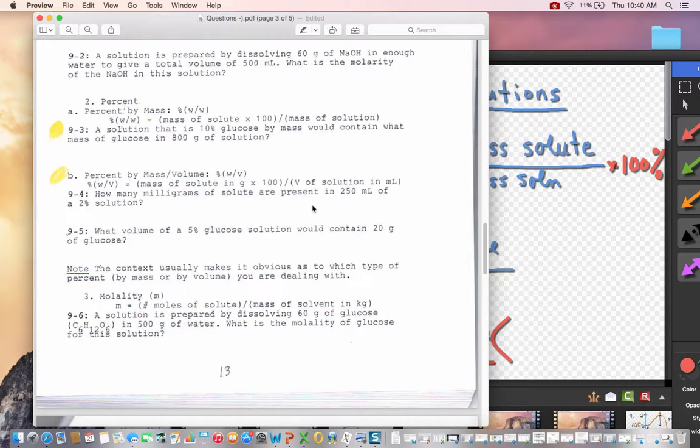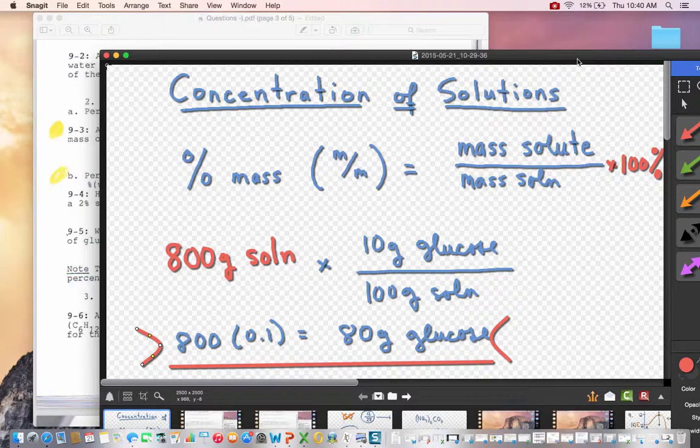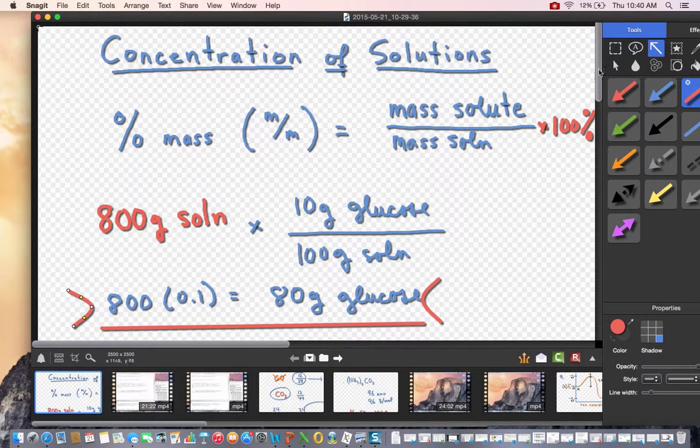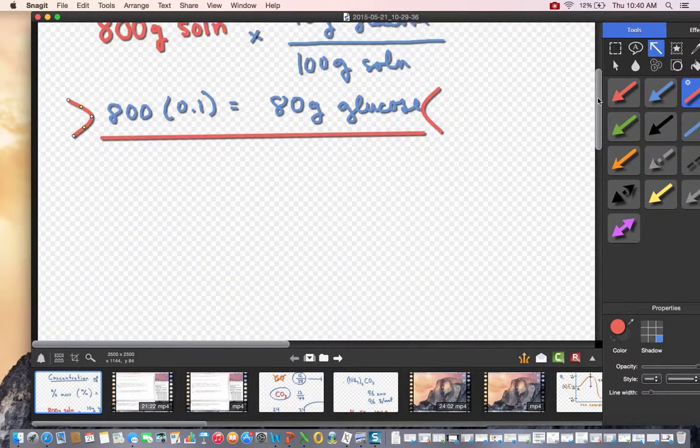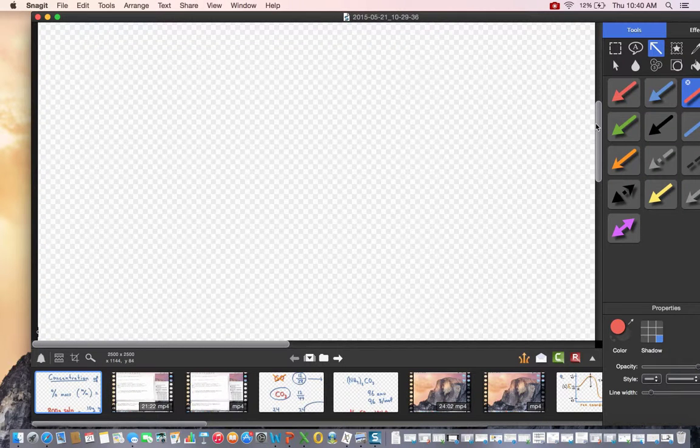Of course, it won't be 1 gram per milliliter, but it'll be very close to that because it's a very dilute solution. It's only a 5% glucose solution. These types of questions are much more common on the PCAT because as a pharmacist, you're going to have to deal with concentration of solutions much more often than if you're a dentist or even a physician. So these are almost exclusive to the PCAT.